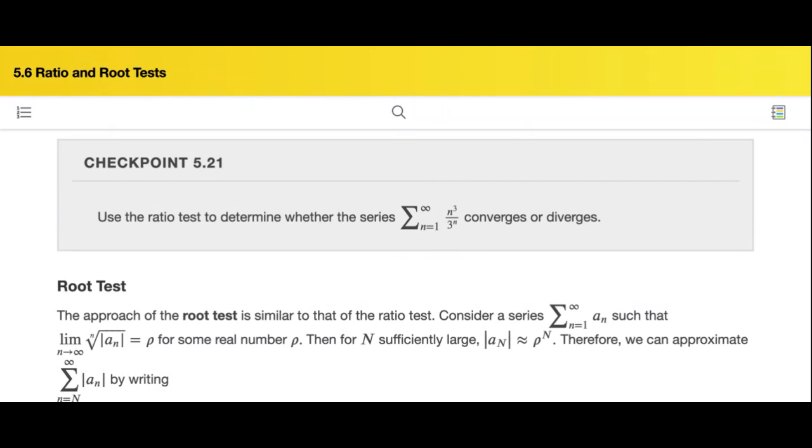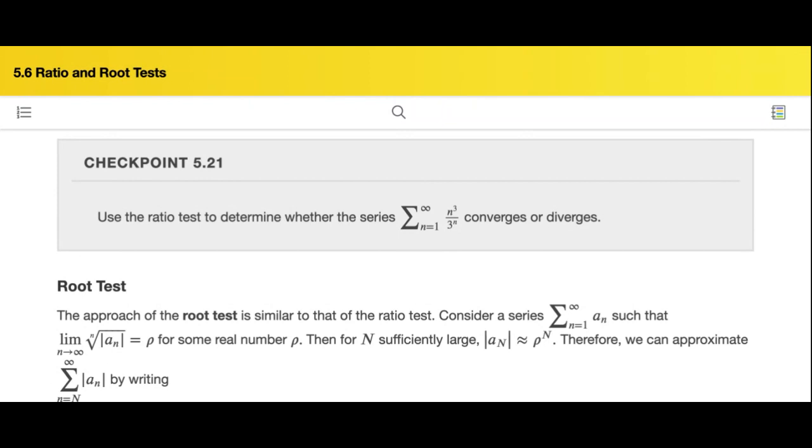Okay, I'll give you a couple minutes to try this. So what you need to do is write down the n plus 1 term, then take the ratio of the n plus 1 term with this n term, then calculate the ratio, then take a limit when n approaches infinity to see what you get.